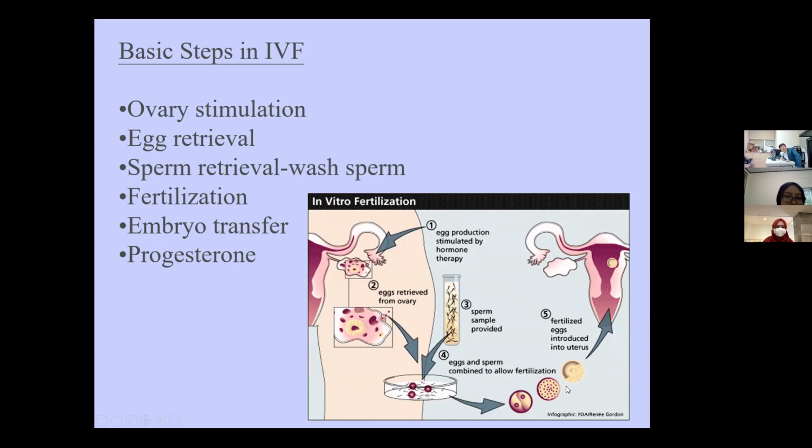Sometimes we can do the so-called PGD, pre-implantation genetic diagnosis, or we can biopsy the embryo to get rid of genetic disease. If this is healthy, we can put it into the endometrium, the embryo transfer, and we supplement progesterone. Then the embryo will become healthy and grow.